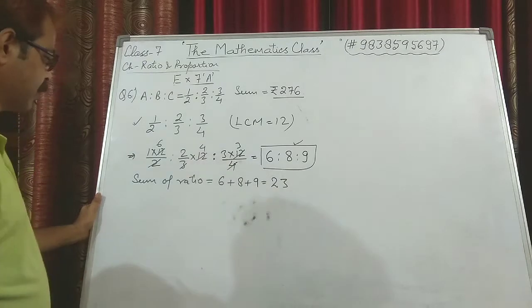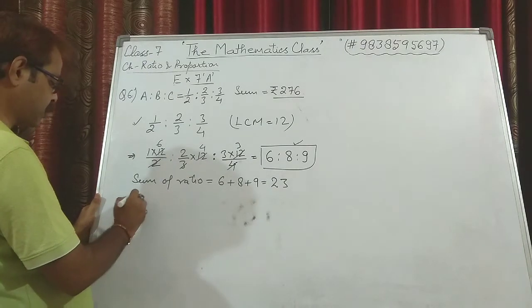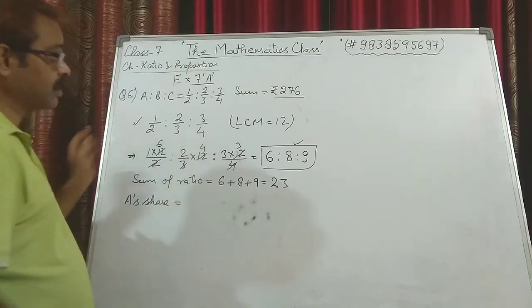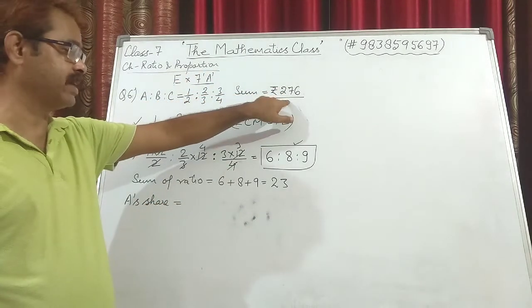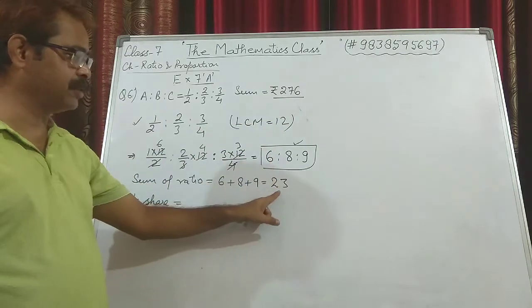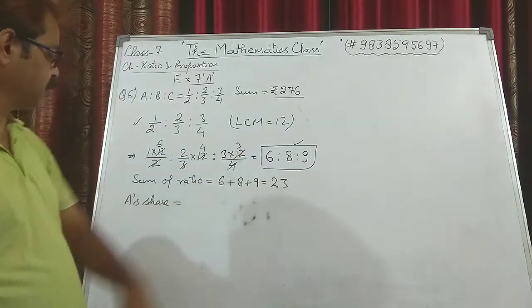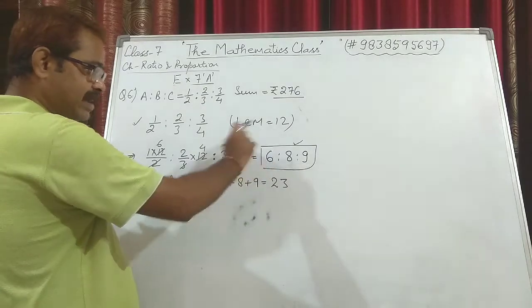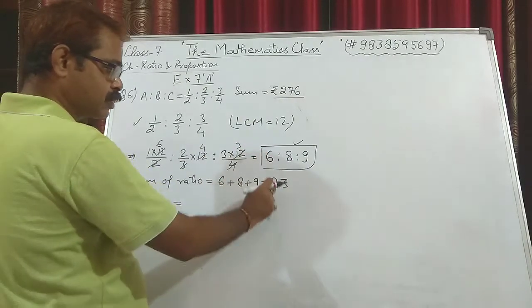Now we will talk about A's share. The total rupees 276 have been divided into 23 parts, and out of this A gets only 6. So A's fraction will be 6 upon 23.